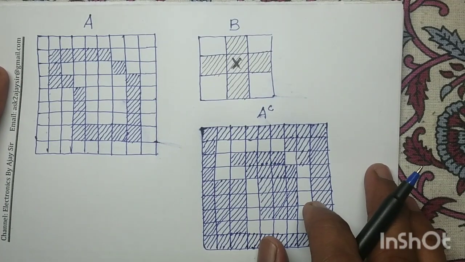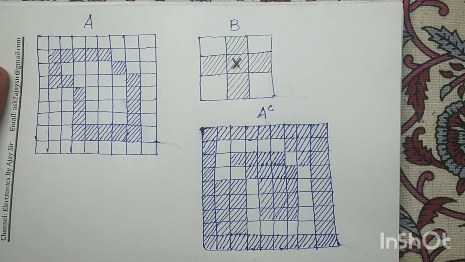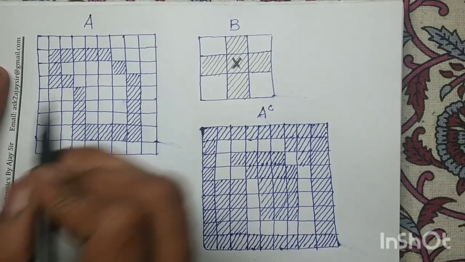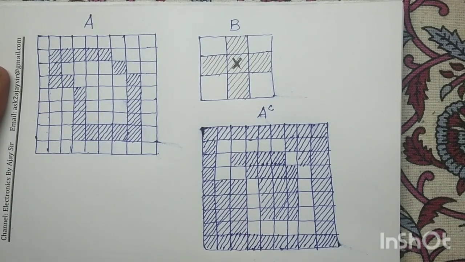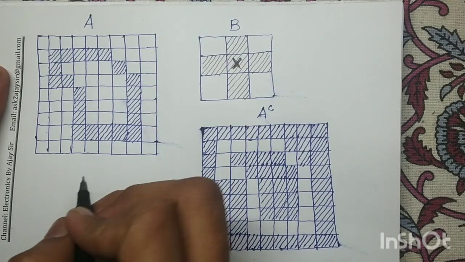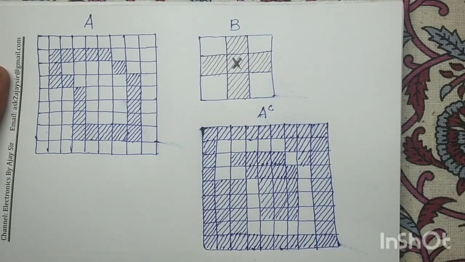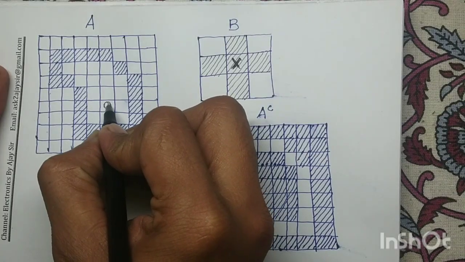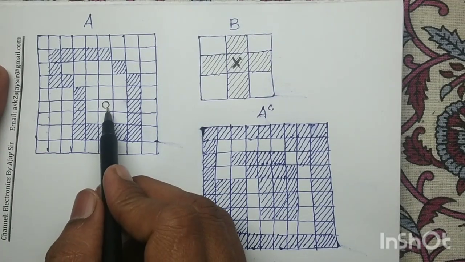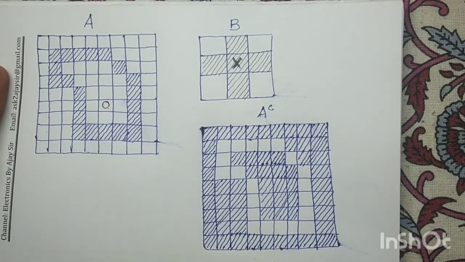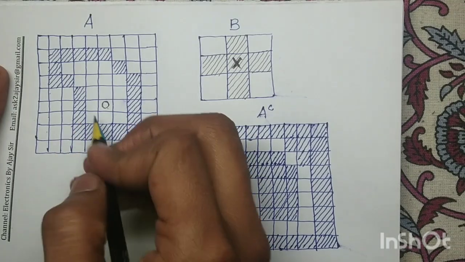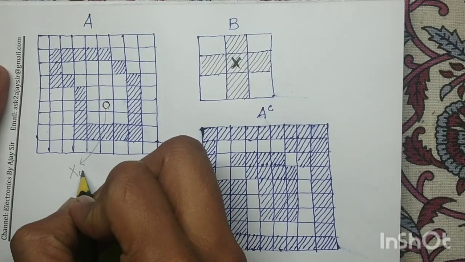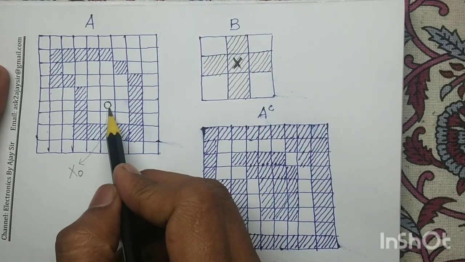So in the zeroth iteration, inside this hollow region, we have to choose a seed point. Randomly we can choose any point. For simplicity, I am choosing this as my seed point, that is for the zeroth iteration. This seed point we will name as x0, and in the image we will represent it with 0.